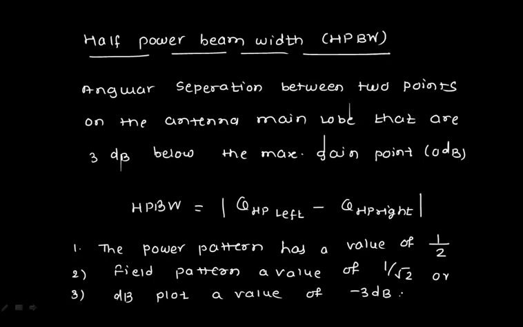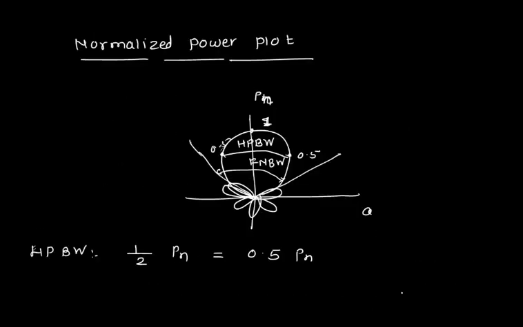So this is the half power beam width for different plots. If the plot is given as a field plot, the half power beam width will be 1 by root 2; for a power pattern it will be 1 by 2; and for a dB plot it will be -3 dB.